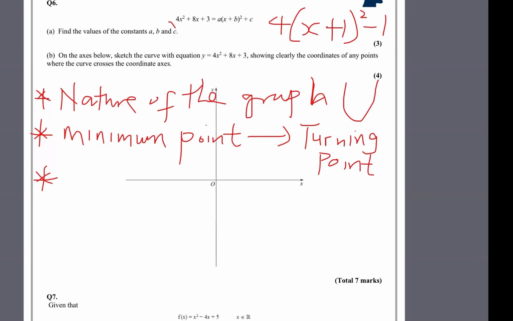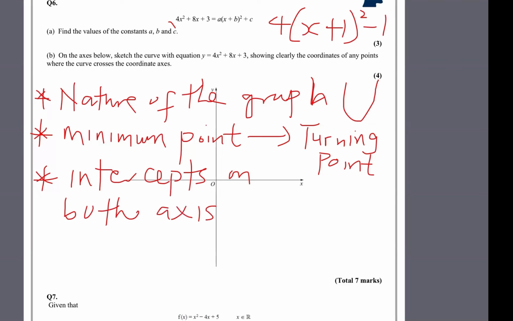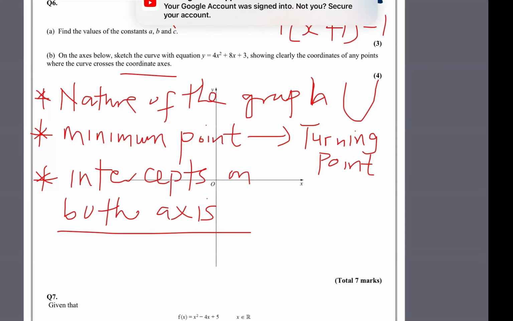And we can also choose to find the points where the graph cuts the axis, the intercepts, on both axes, which in this case was set as the coordinate axes, that's the x and the y axis. So that is quite important.